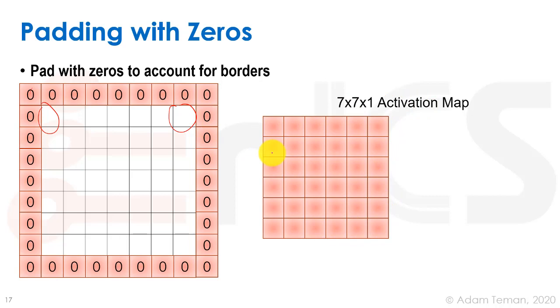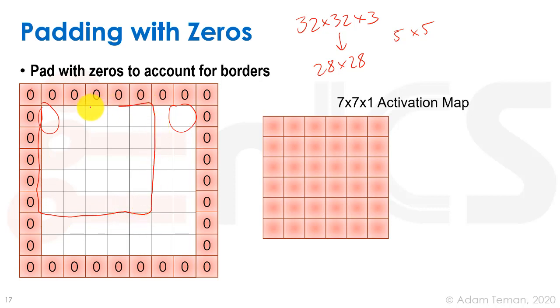Now, in our original example, we had a 32 by 32 by 3 input image, and our output was 28 by 28 by whatever. Why did we lose extra pixels? Because we were using a 5 by 5 filter. When we put our 5 by 5 filter over here on our original input, there's our 5 by 5.